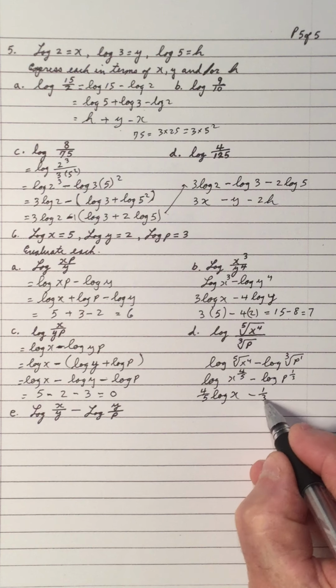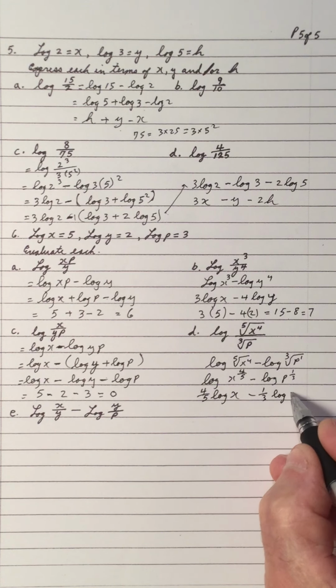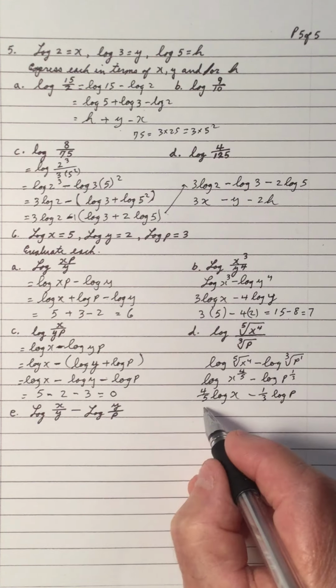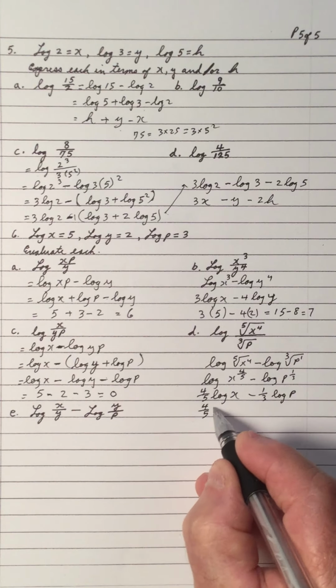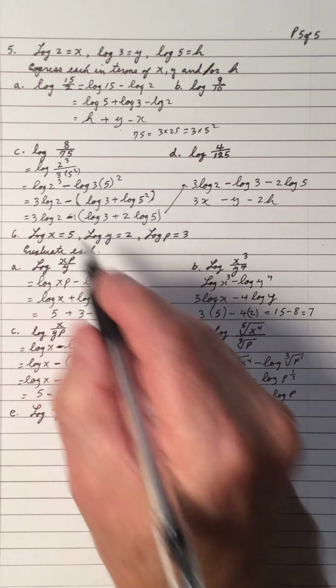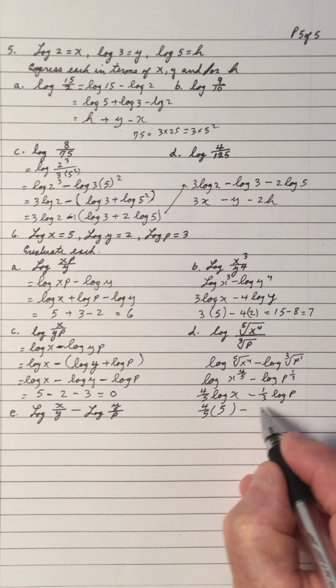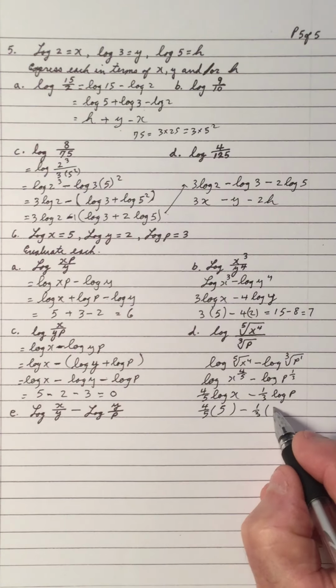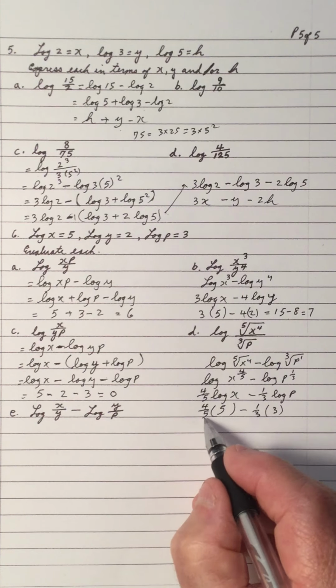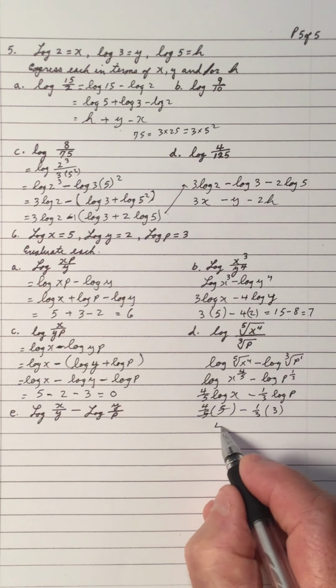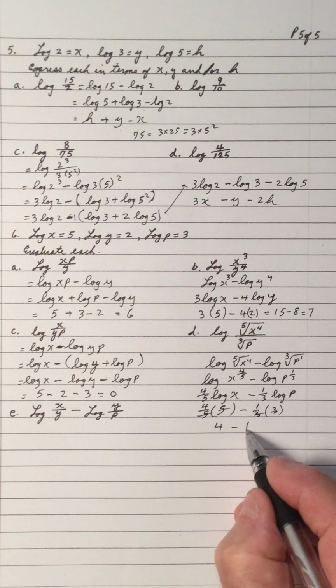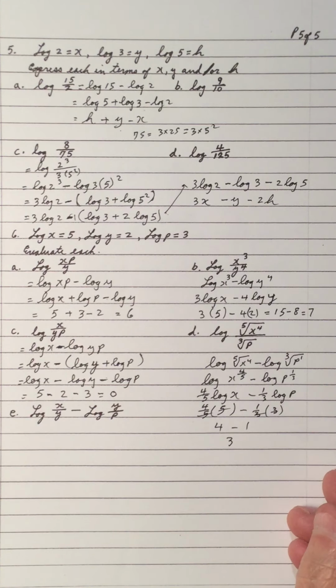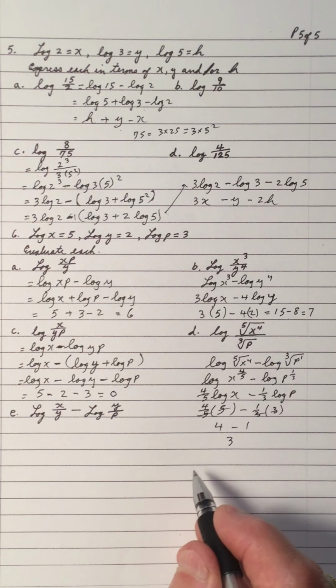This is 1/3 log p. Power goes in front. And log x is a 5. 1/3. Log p is 3. So 4/5 times 5. 5's cancel, you get a 4. 3's cancel, you get a 1. Answer is 3. Follow the rules and everything should be okay.